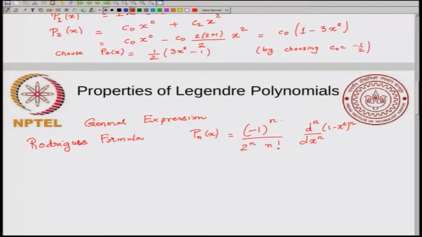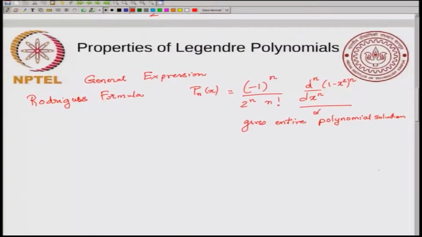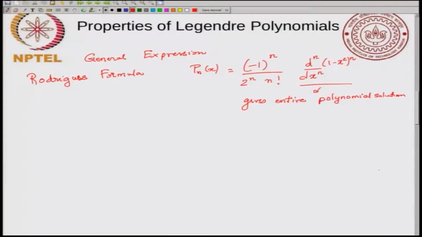Now, what is interesting is that this d n by dx raised to n gives the entire polynomial, not just one of the coefficients, the entire polynomial solution. This is very important, and we can just try a few to make sure that we are consistent with what we had.